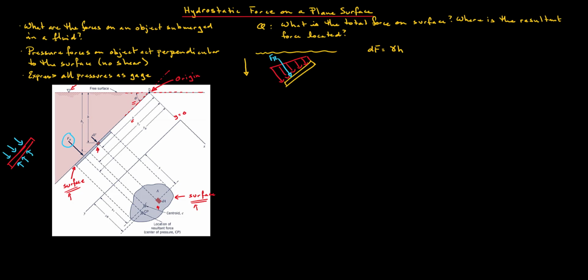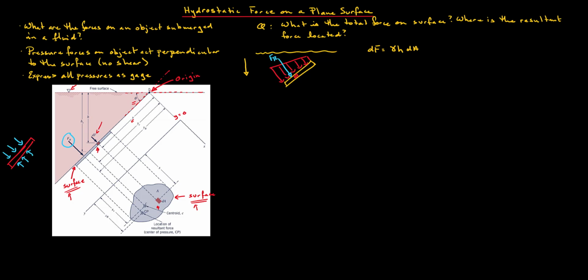And then, so this is our pressure force, and then we need to multiply it by an area, which will be dA. So on a small element on the surface, this is the differential force. And this differential force is shown over here. Again, just to note, this differential force is perpendicular to the surface.